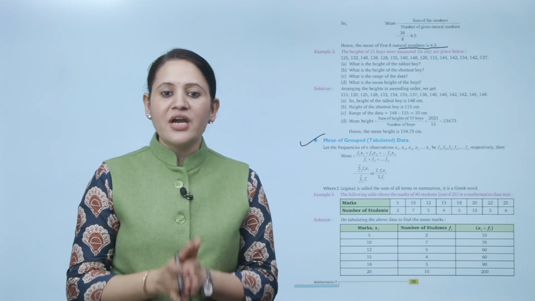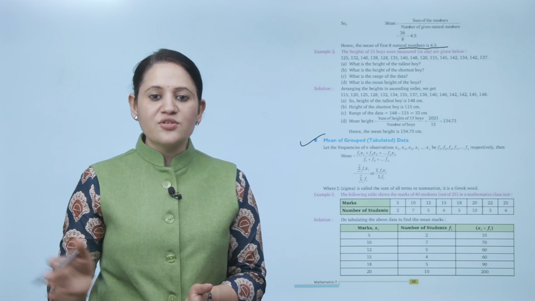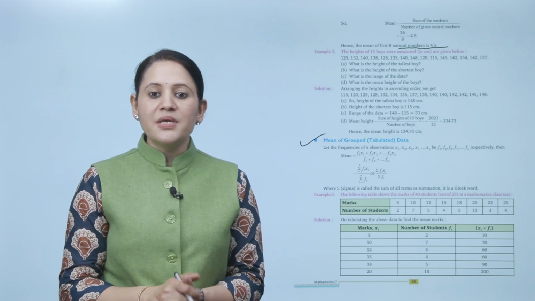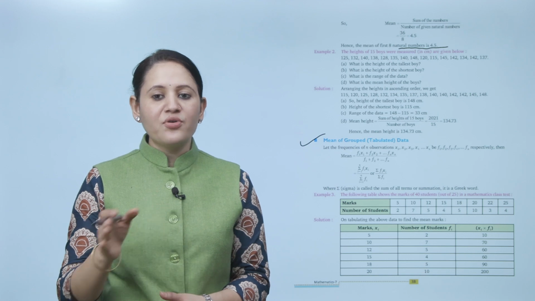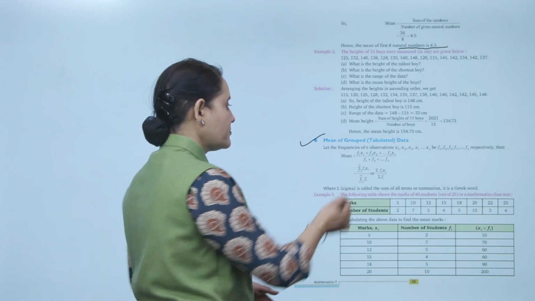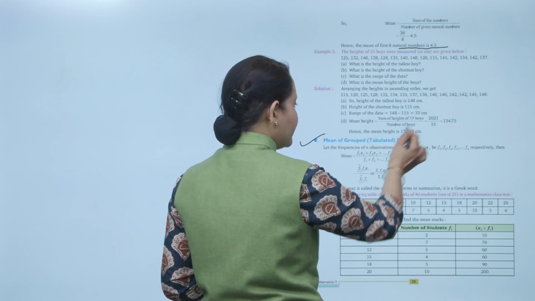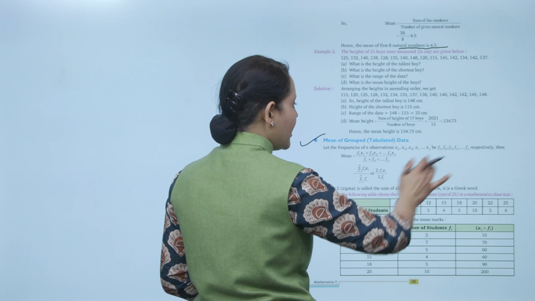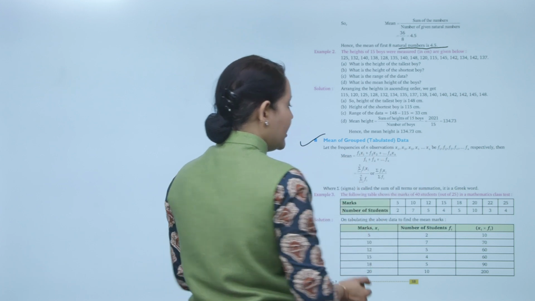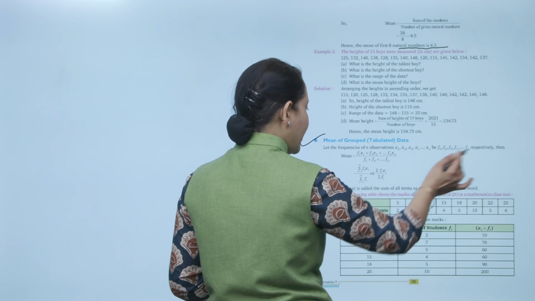Next is mean of grouped or tabulated data. Let the frequencies of observations x1, x2, x3, x4 and so on till xn be f1, f2, f3, f4, fn respectively. Then mean क्या हो जाएगा? f1 x1 plus f2 x2 plus f3 x3, like this till fn xn, divided by जो frequency होगी f1 plus f2 till fn.